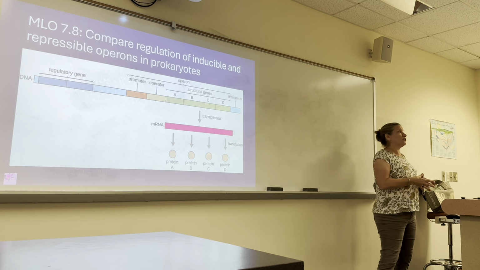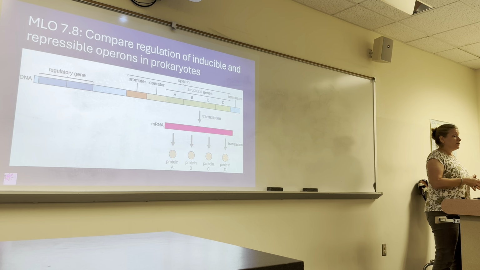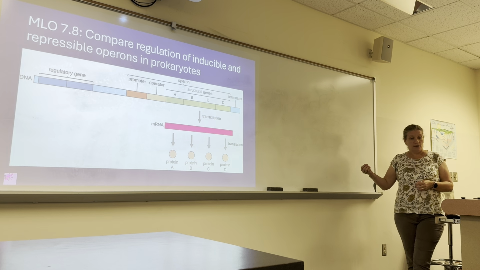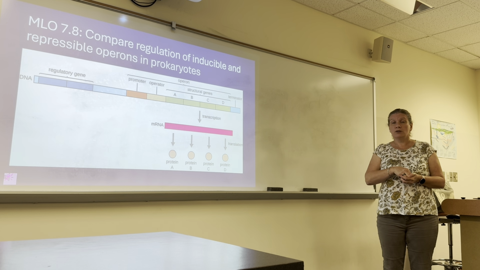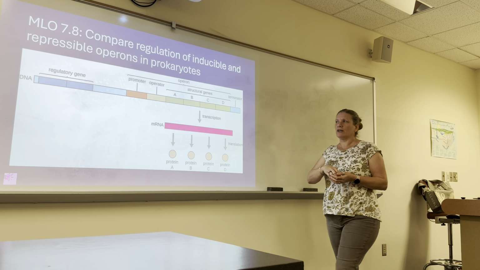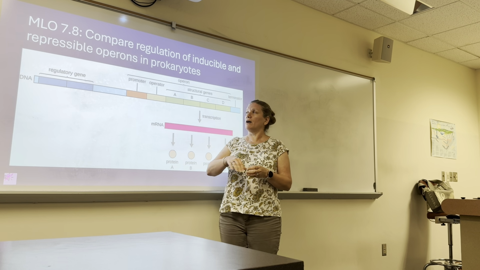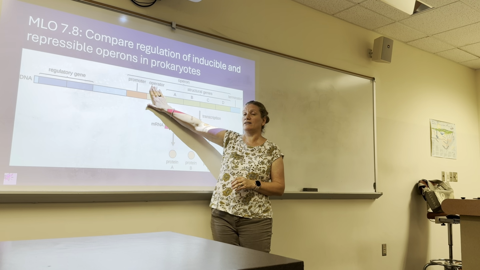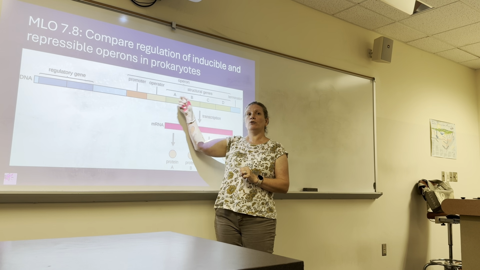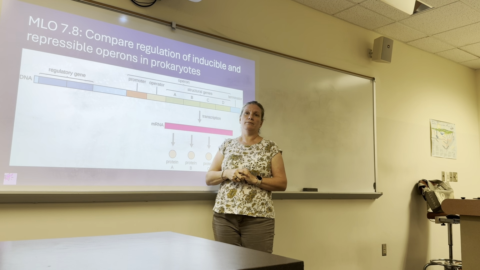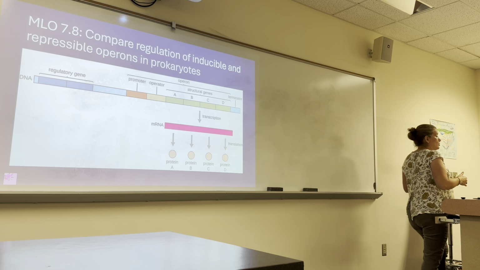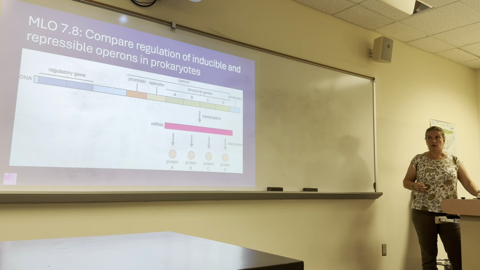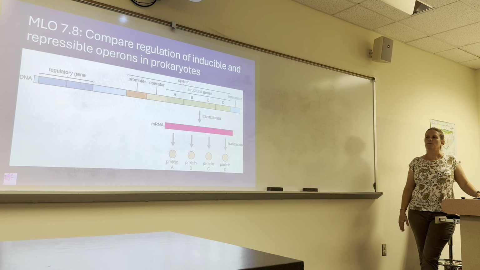Usually the end product is going to interact with the regulatory molecule, and when the end product and the regulatory molecule interact, that binds the operator, and we no longer get our messenger RNA. Okay, so that is the 2 types of transcriptional control that we can find.